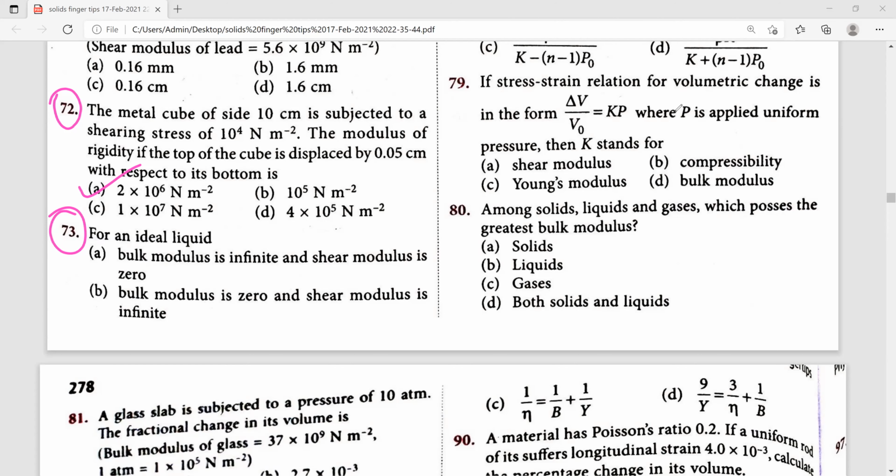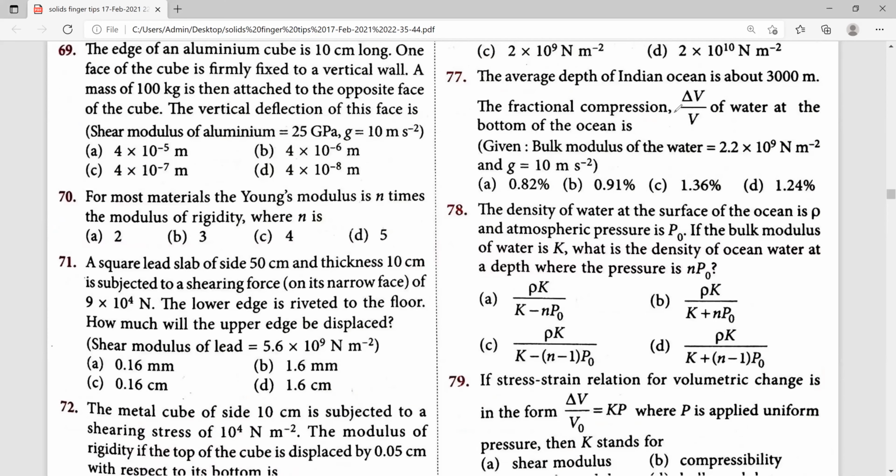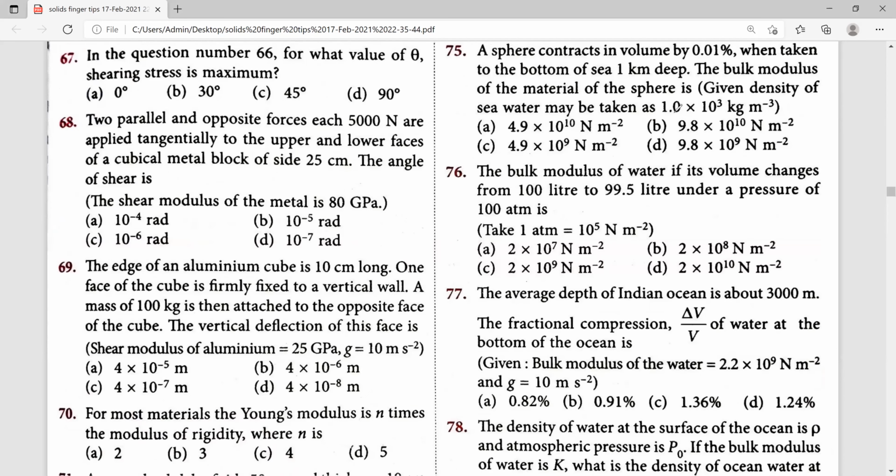So for this, 8th one is the right answer. So remaining options they have mentioned here, but for 73rd one, 8th one is the right answer.